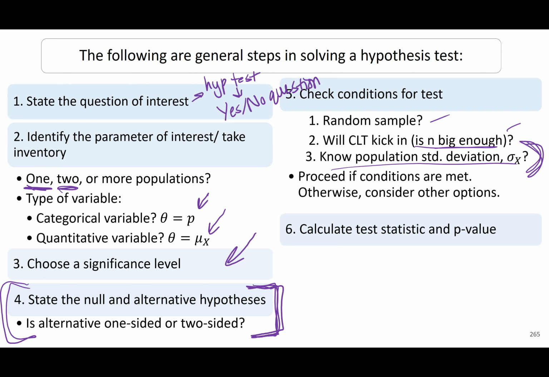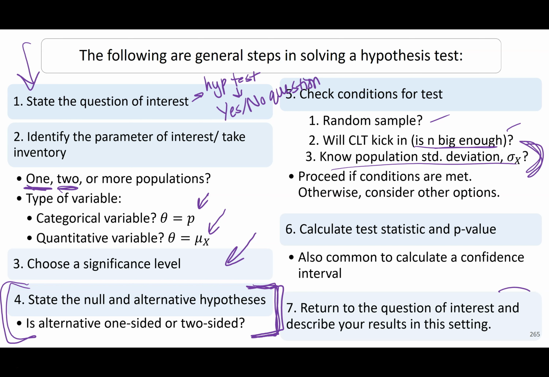Then we calculate a test statistic and p-value. And once we've gotten here, it's very similar to the estimation problem. We have to write it up formally. We have to actually come back to the question and answer it. So return to your question of interest and describe your results. Just a note here, it's common to do both.